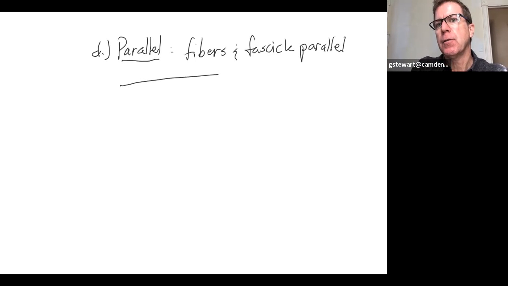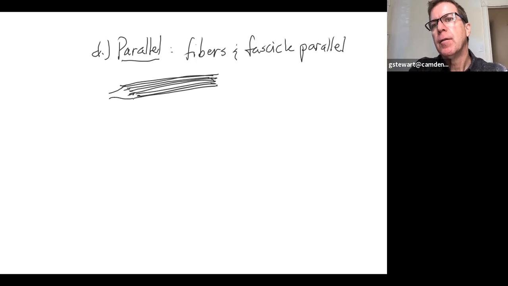So those tend to look pretty straight and regularly arranged like this. There's no bulging belly in the center. And these also tend to have flat-like tendons on each end.